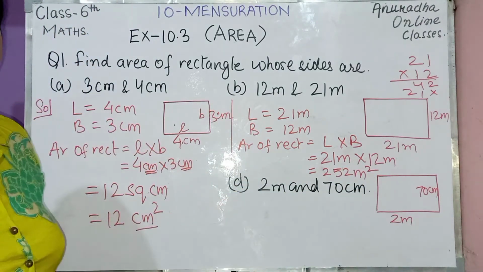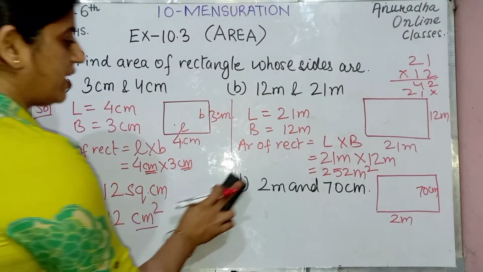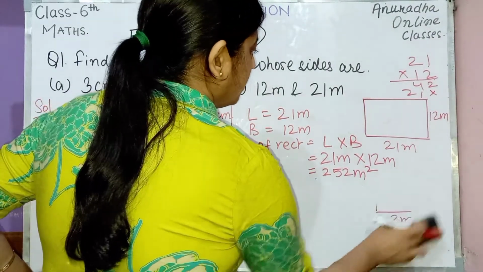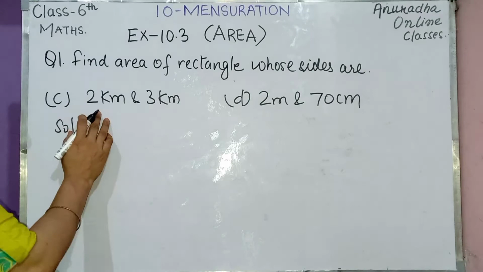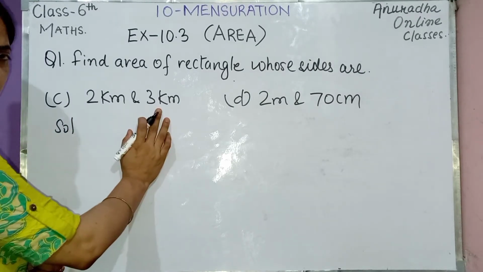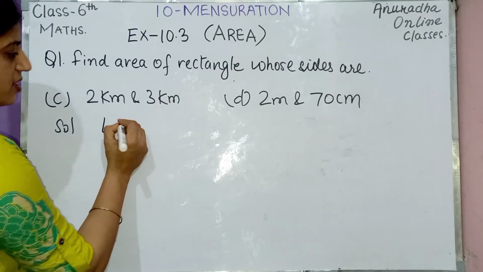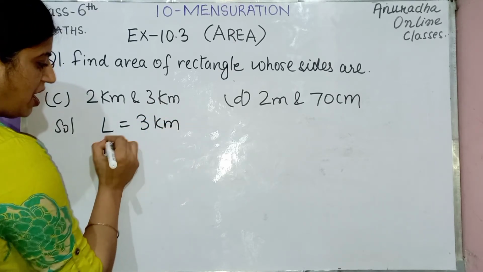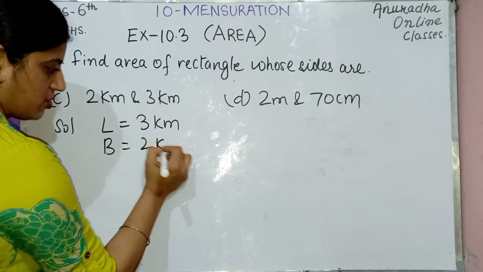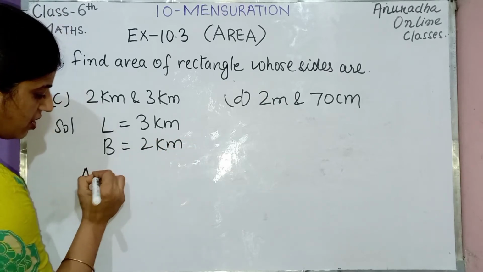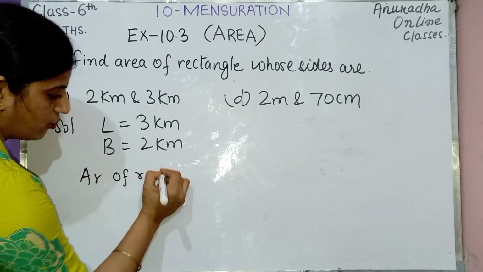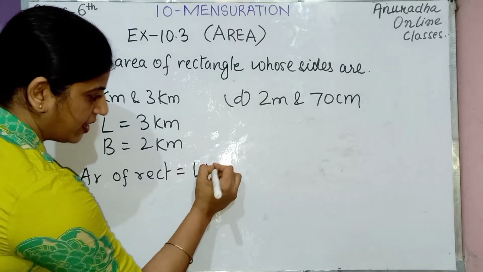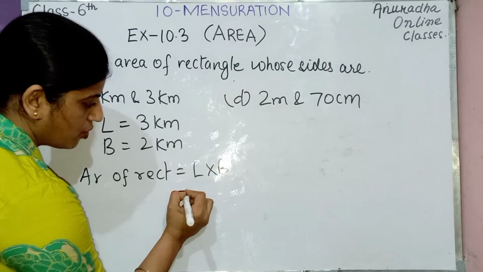Okay, let's come to its C part, children. Here is your C part, that is 2 kilometer and 3 kilometer. That means your length is what? Length is 3 kilometer I have taken and breadth I have taken 2 kilometer. Right? What is the area? Area of rectangle. You know what is the area of rectangle? L into B. So what is your L?